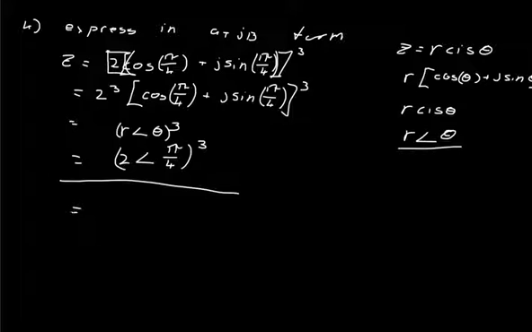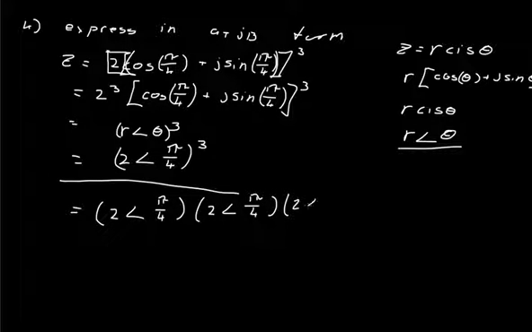So that is equal to 2 angle pi over 4 times 2 angle pi over 4 times 2 angle pi over 4. Okay, so we're just multiplying our polar form complex numbers. And remember what de Moivre's theorem says.